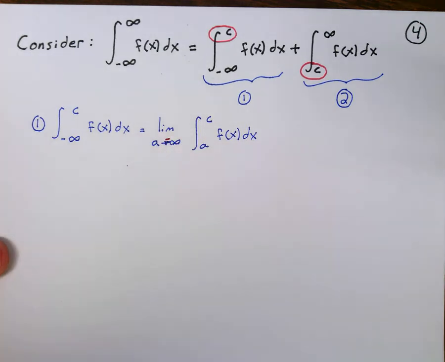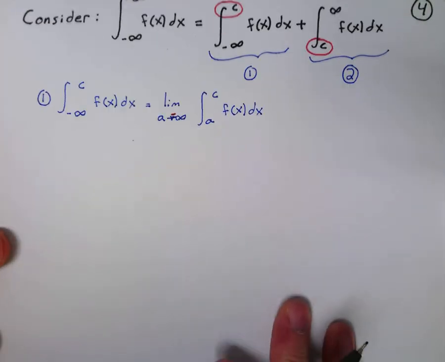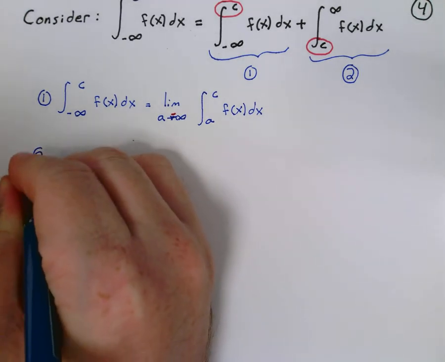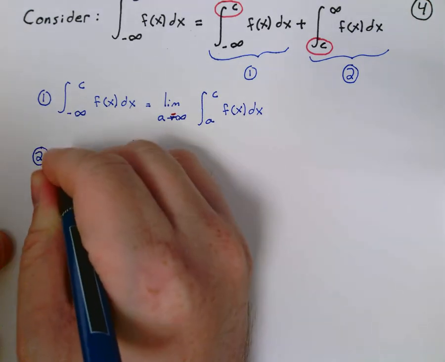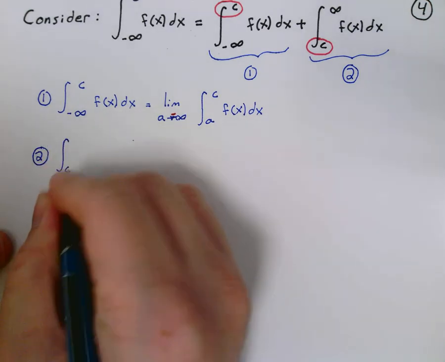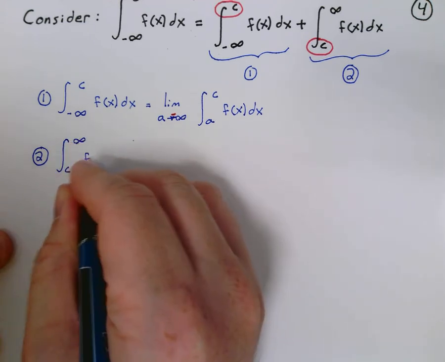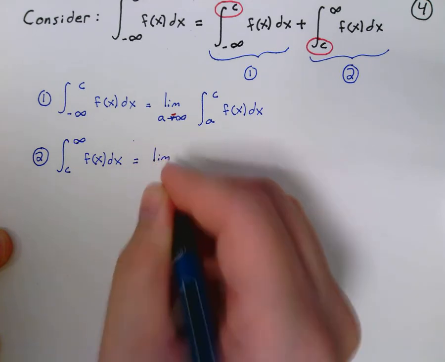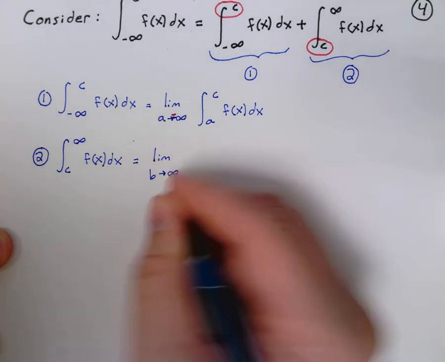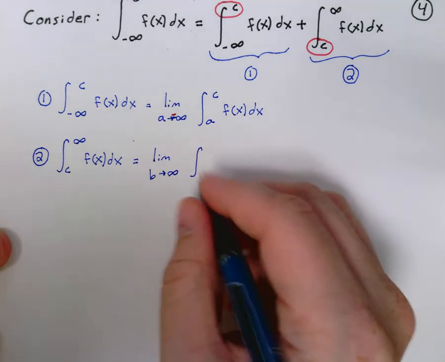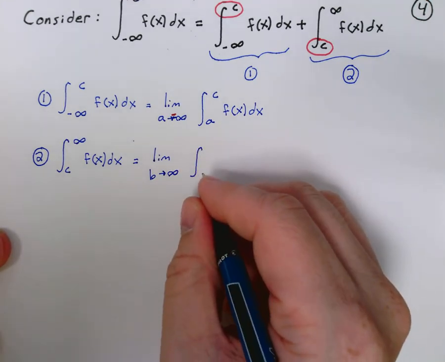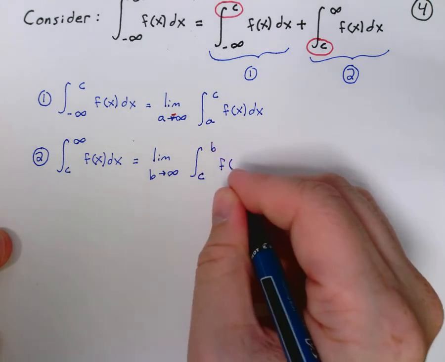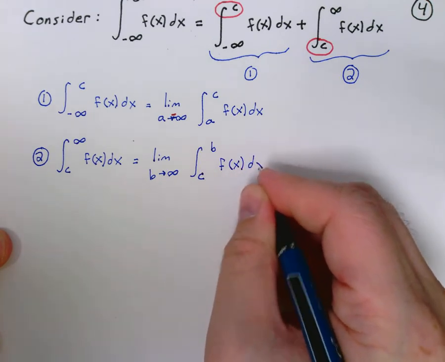It's a negative infinity. And then the second one, you're going to integrate from c to infinity of f of x dx. That's going to be equal to the limit as b goes to infinity of the integral from c to b of f of x dx.